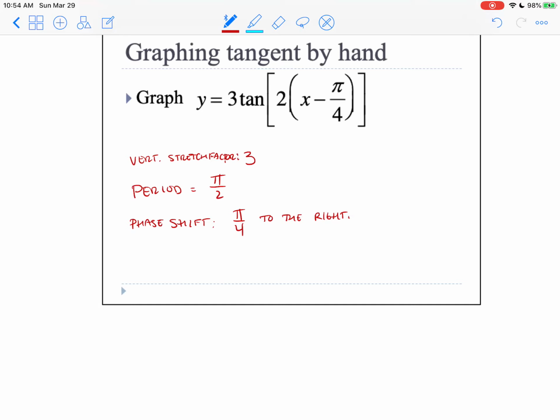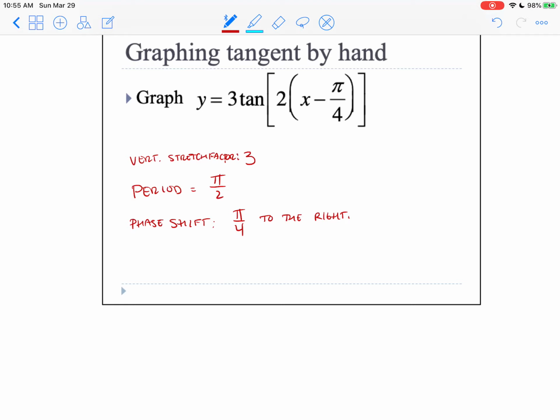Okay, now because there is both a period change and a phase shift, we have to be very careful about what we assume about where the vertical asymptotes are. Because the vertical asymptote would normally be at negative pi over 2 or at positive pi over 2 for tangent, the period has shrunken. So it's now pi over 2 instead of pi.